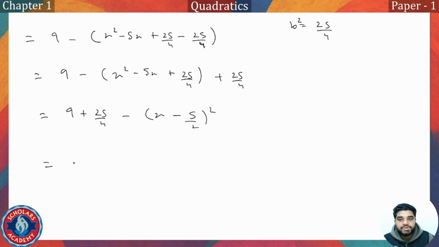So 9 fours are 36. 36 plus 25 is 61. Right? So 61 by 4 minus of x minus 5 by 2 whole square. So this is our answer. Let's move forward.